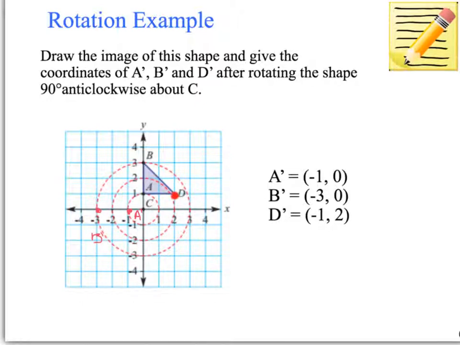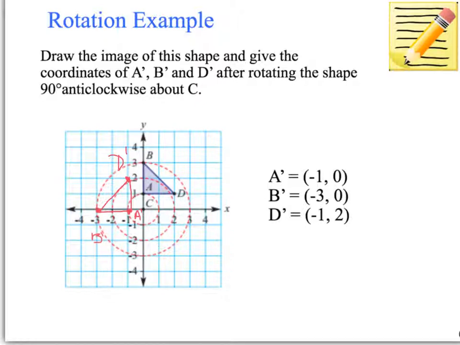We just need to make sure we move it around the circle only 90 degrees. Okay. So that would be there. Alright, so that's D. We need to make sure that we now join the points together.